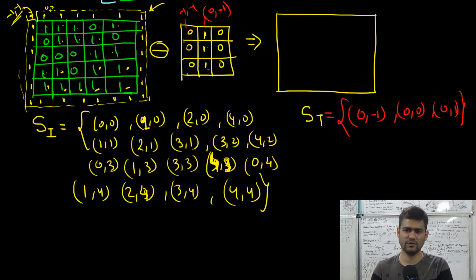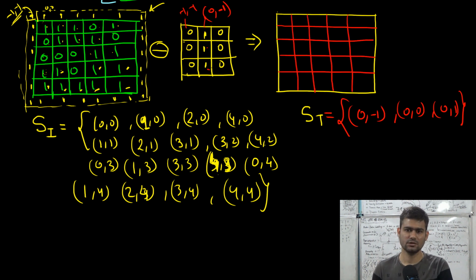So now when we perform erosion over here, the resultant image that we would get is, if we place this operator centered on this pixel, the fit operation will result false due to this 0. So it's 0. Here it will return true, so we have 1 over here. Here again it would be true, so we have 1 over here.